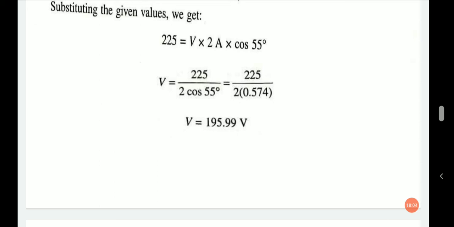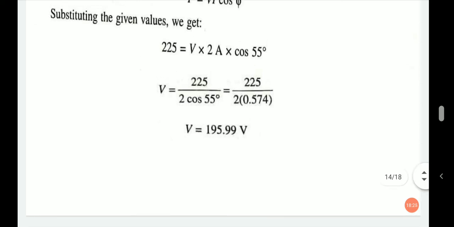Then we have seen the variation of mutual inductance with theta.